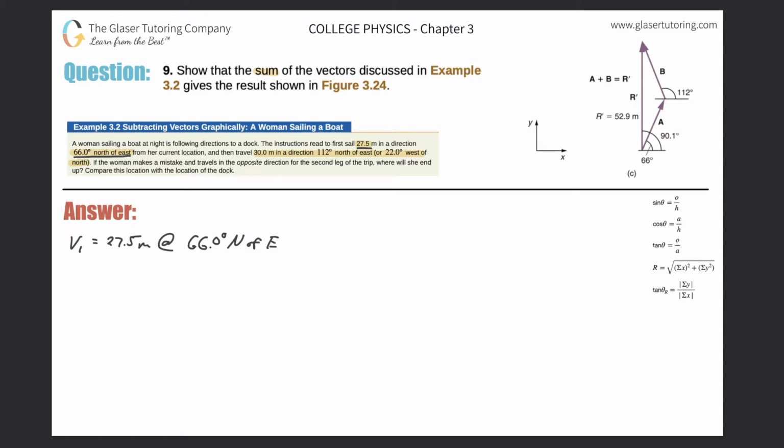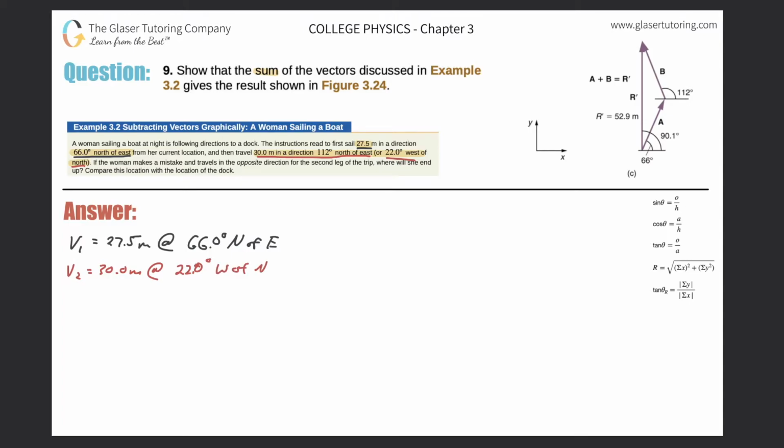Then vector 2 is 30 meters at 112 degrees north of east. I'm going to use the shorthand 22 degrees west of north, okay? So V2 is 30.0 meters at 22.0 degrees west of north.